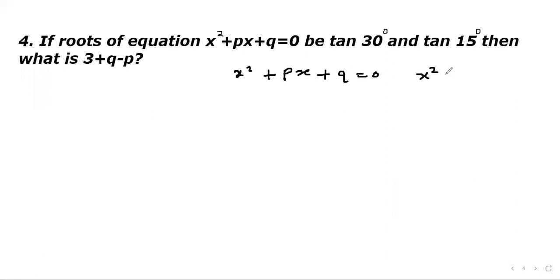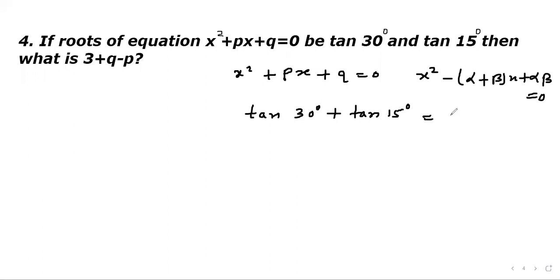So, x square minus (alpha plus beta) x plus alpha beta equal to 0. From here we get tan 30 degree plus tan 15 degree must be equal to minus p.